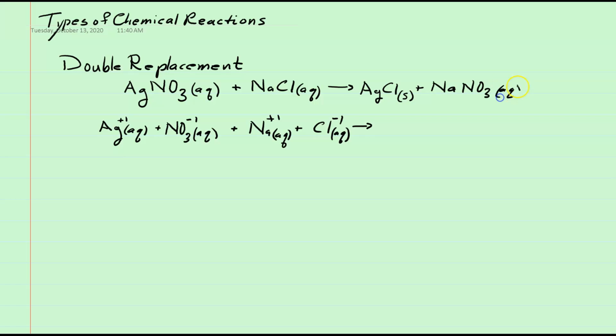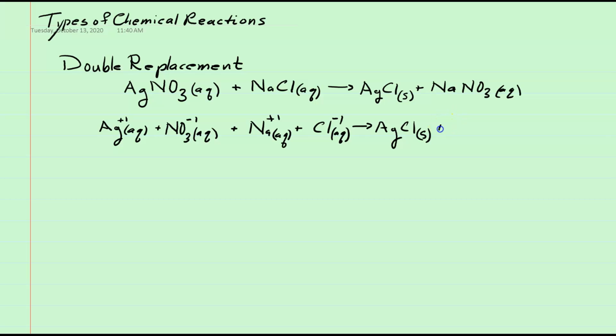aqueous. So this looks like silver chloride, of course, is not separating into ions because it's not soluble in water, and it is more tightly held together by the matrix of the silver ions and the chloride ions, and the water molecules interact with it only very poorly and so can't separate it.